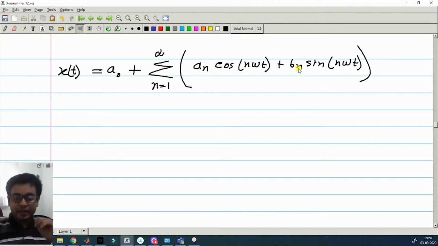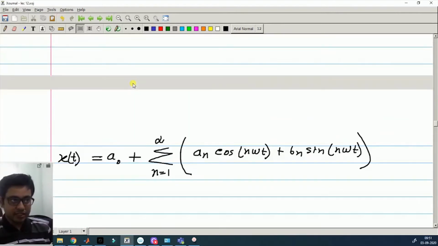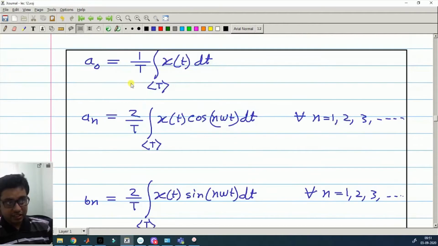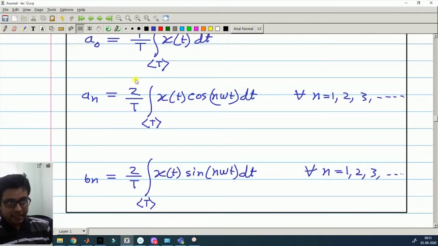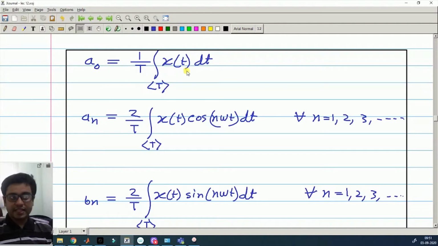Now, to determine the required amounts of sine and cosine signals to create a given periodic signal, that means to determine the values of an, bn, a0, we need three formulas which we discussed and derived yesterday. a0 is the average value, an and bn are given by these two formulas.